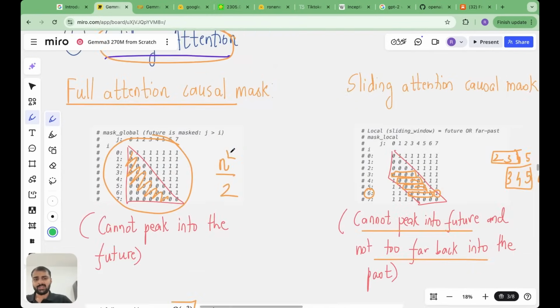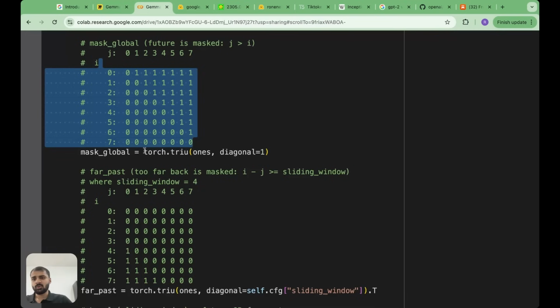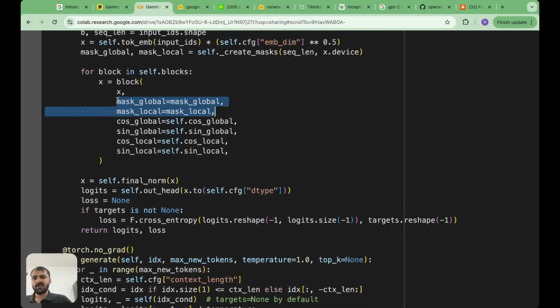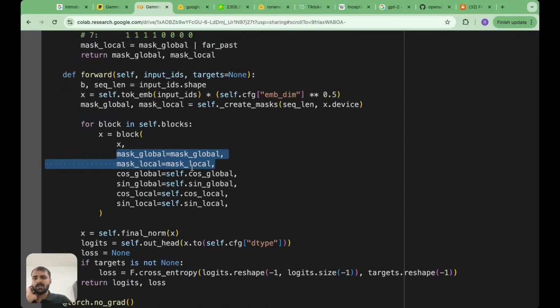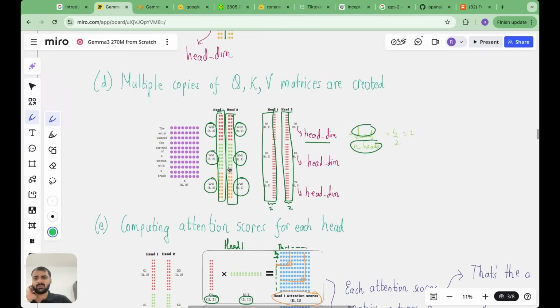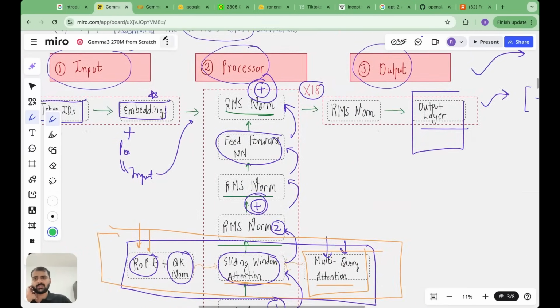That's the causal attention. And the local mask is this sliding attention mask. So we define both of these masks, the local mask and the global mask as well. So first we get the token embeddings, and then we immediately go through the processor block. This is the same thing which we saw in the architecture.